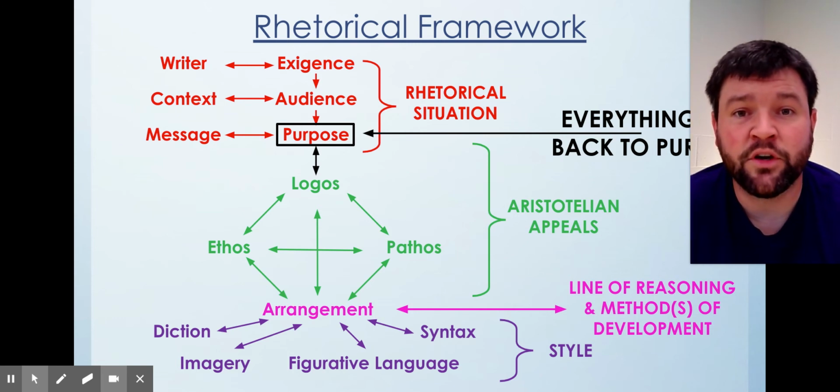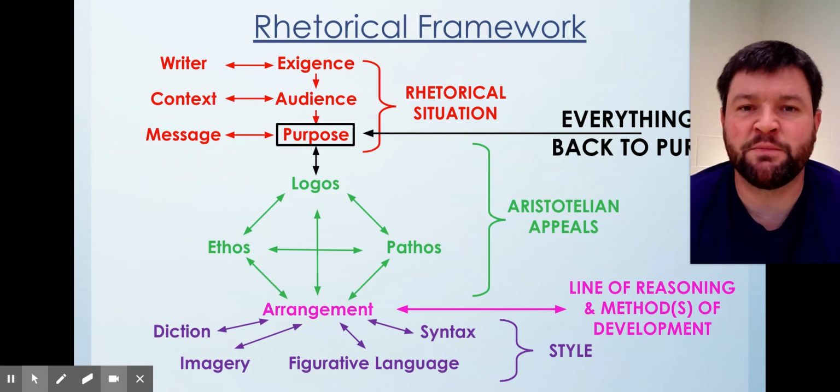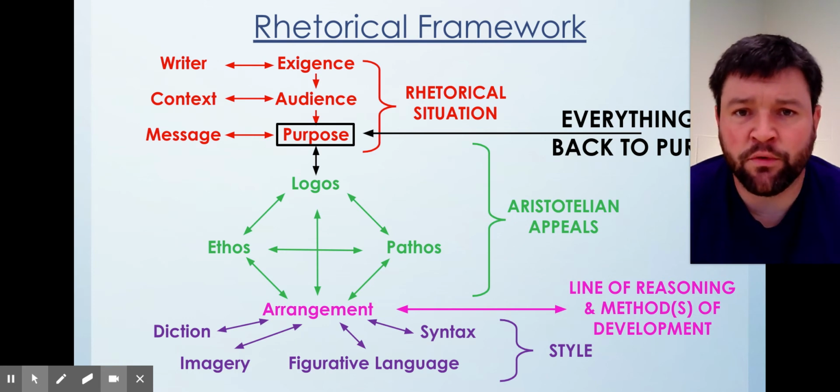For audience, look at the broader context. Audience is one of those ones that we usually just kind of gloss over. It's writing to Americans, it's writing to men or women or teenagers or adults. But we want to be very specific in the context in which this audience is receiving it. The way that you are receiving this message right now, digitally, through your Chromebook, that I'm recording before school's even started, is a context that influences my audience.